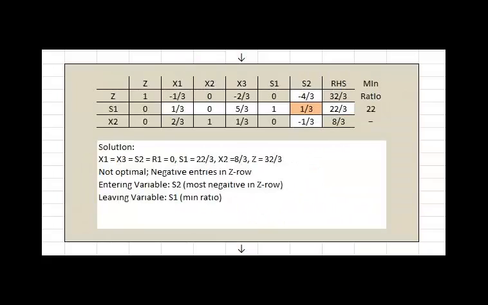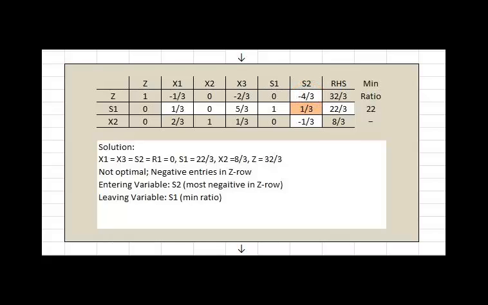This is a legitimate tableau, but it is not an optimal tableau. Remember, now that we have returned to our original problem, and our original problem was a maximization problem. So now at the 0, we are going to find the most negative. In this case, minus 4 over 3 is the most negative entry at the 0.